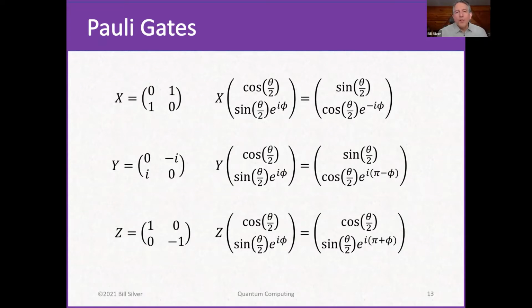You can work this out. You have to remember to deal with the global phase correctly, because our convention is that the relative phase is always expressed in this second component here. That's an arbitrary but consistent convention that everybody follows. If you factor the phase out so that that's the case, you can work these out. So that's basically a good description of these single qubit gates that we're going to see.